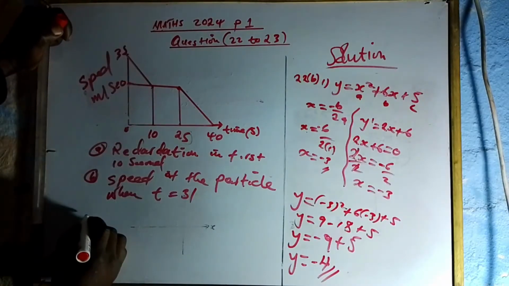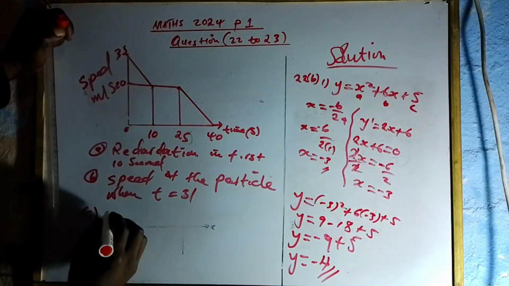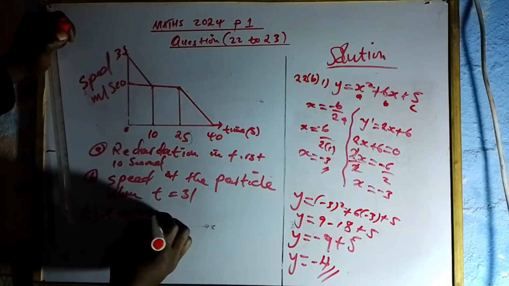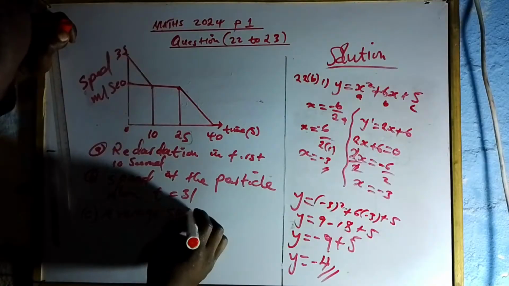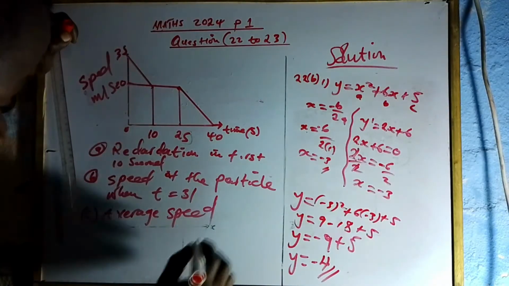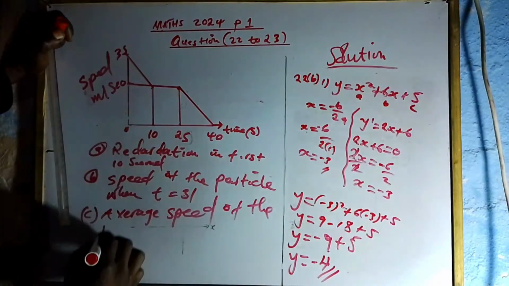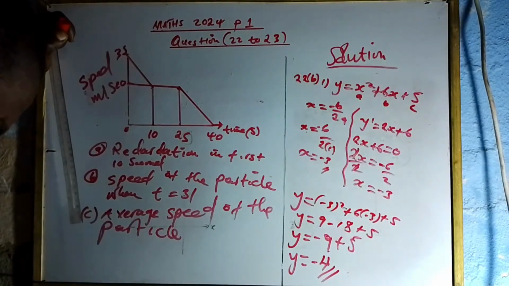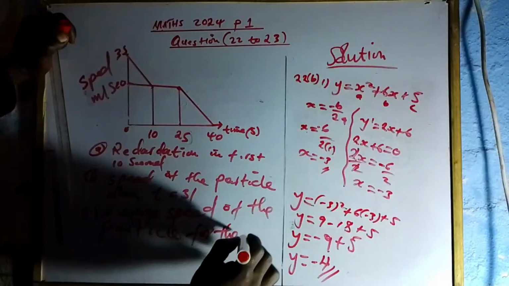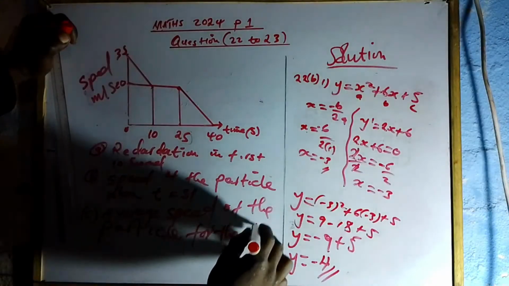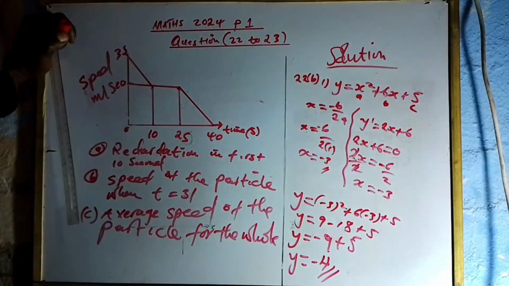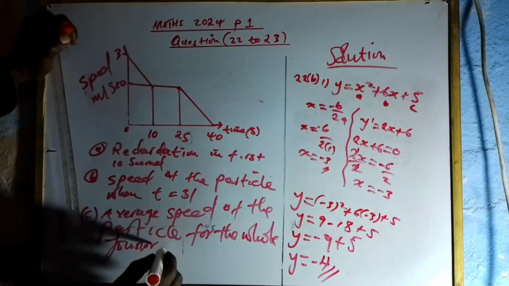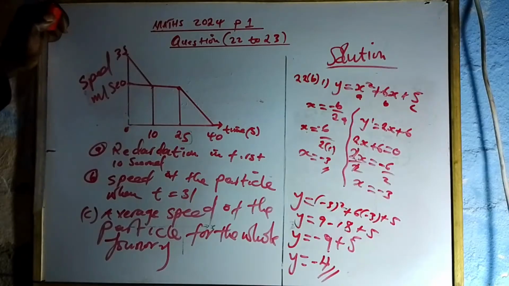Then C, the average speed of the particle for the whole journey. The whole journey.